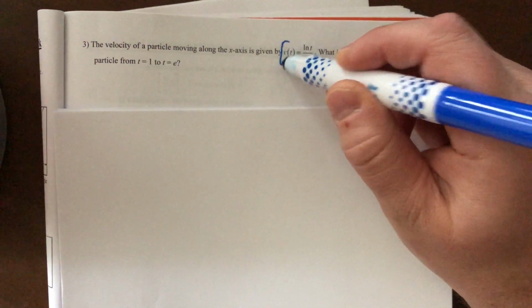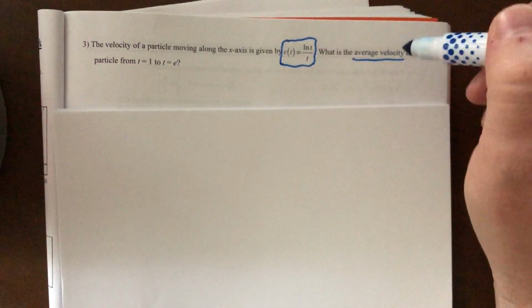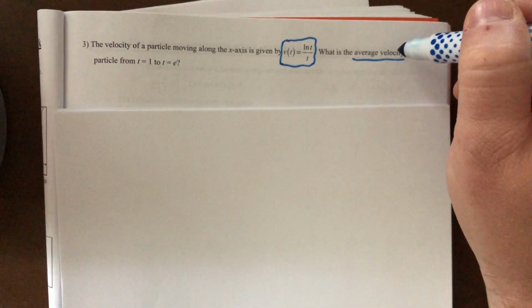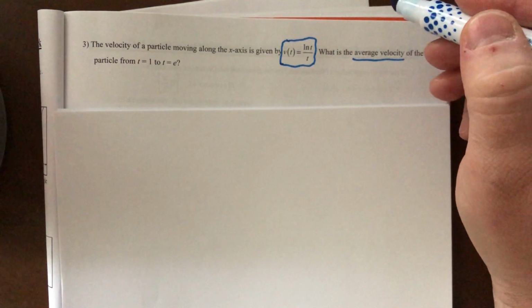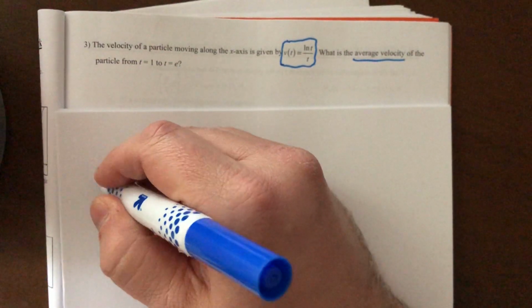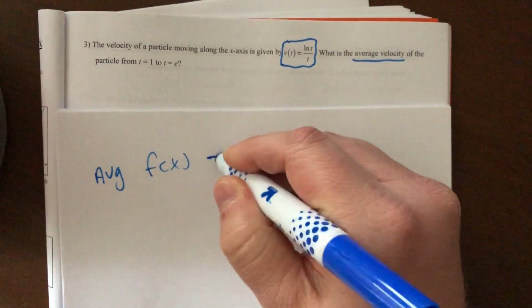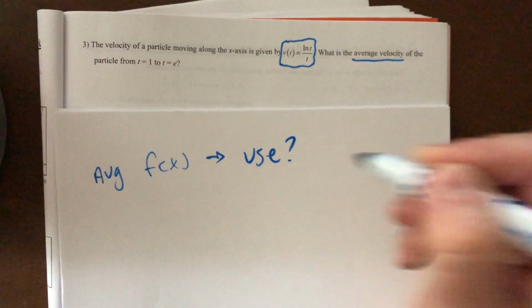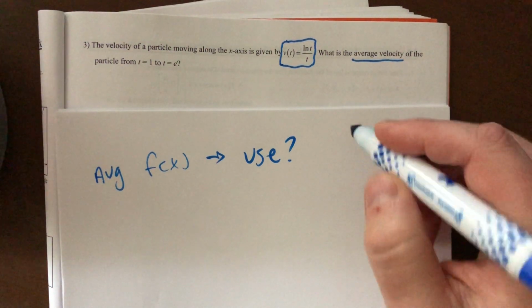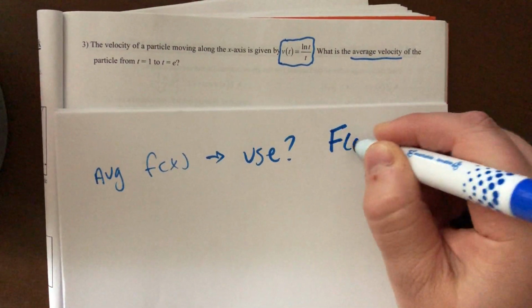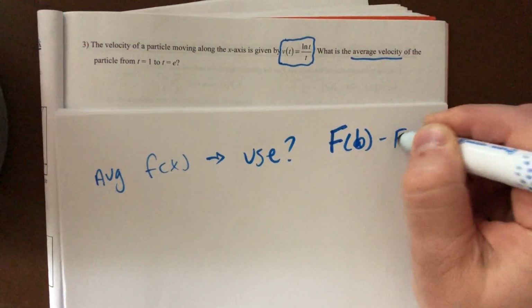this is our function, right? Whenever we want an average, like if I want average f of x, what do I use? In our formula, we use big F, right?